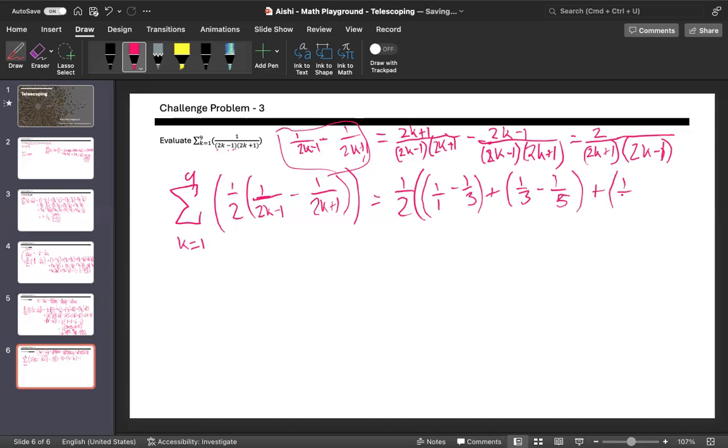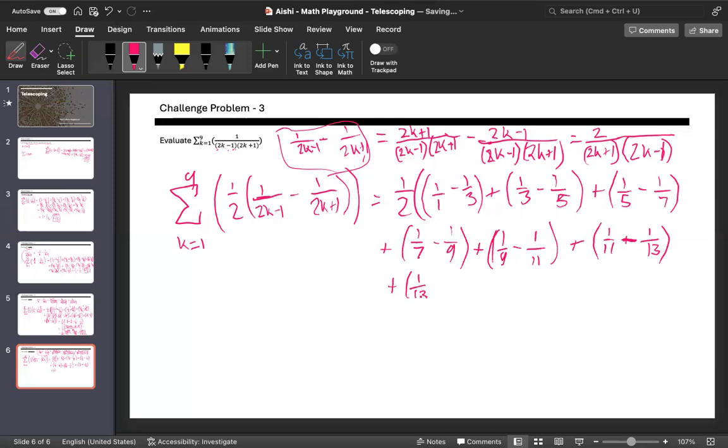plus 1 by 5 minus 1 by 7 plus 1 by 7 minus 1 by 9 plus 1 by 9 minus 1 by 11 plus 1 by 11 minus 1 by 13 plus 1 by 13 minus 1 by 15 plus, let's see how many we've done.